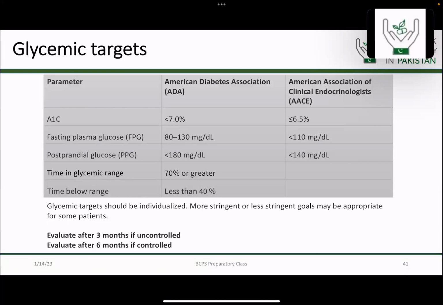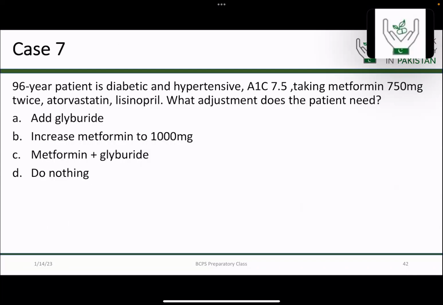So evaluation time is based on whether the glycemic control has been achieved or not. The American Association of Clinical Endocrinologists has slightly different recommendations, but I don't believe you need to memorize those. I think from an exam point of view, only the American Diabetes Association recommendations are enough.